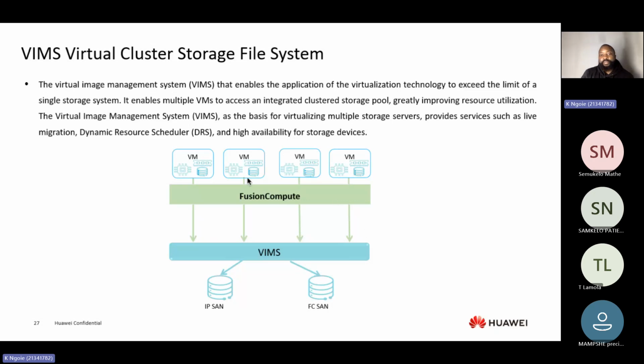We have multiple virtual machines that are built through the FusionCompute software. Through Vim, we can have access to different types of storage. So you need to note that Vim is a high performance file system management for storing virtual machines.